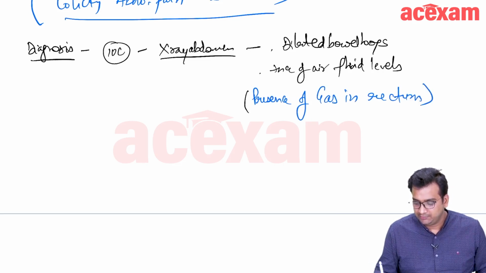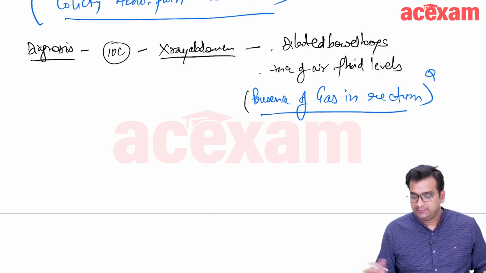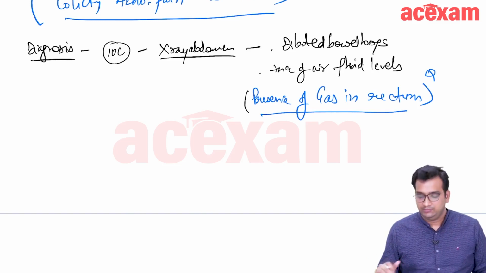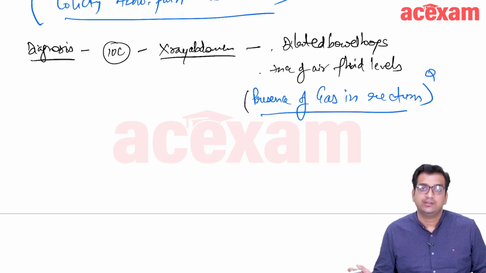It distinguishes it from intestinal obstruction. So these 2 points are very important and they are asked in MCQs: is there absence of gas in rectum in paralytic ileus? No, the gas is present in rectum. Okay, in case the gas is present in rectum, we should wait. We should go for conservative management.